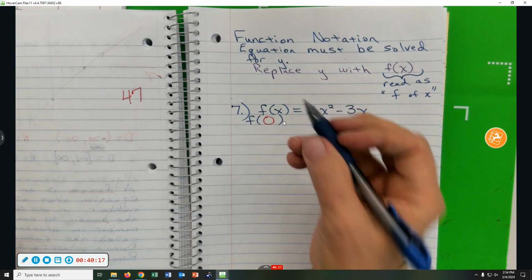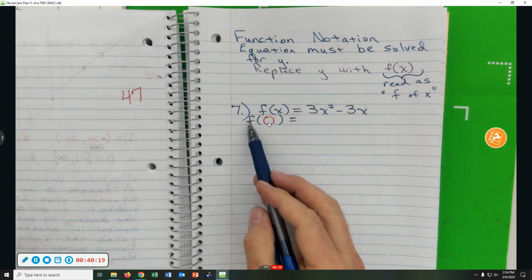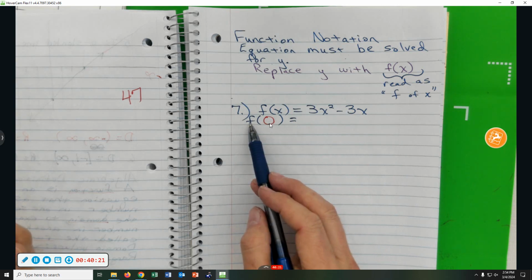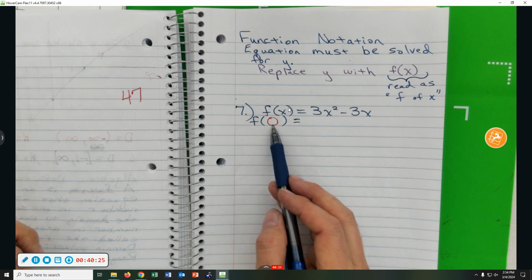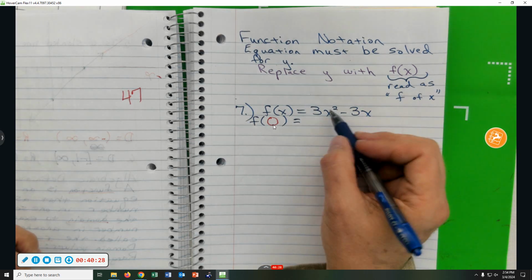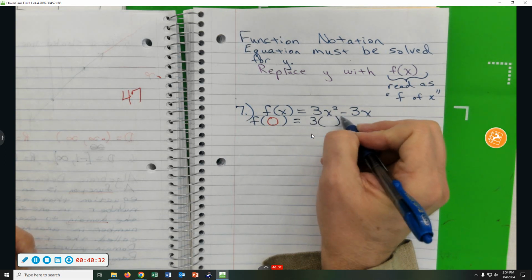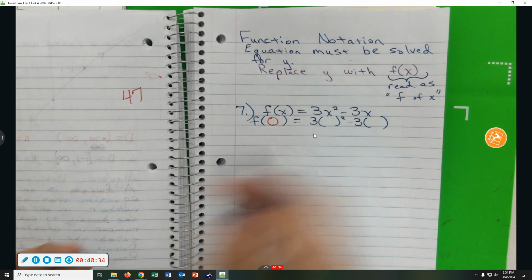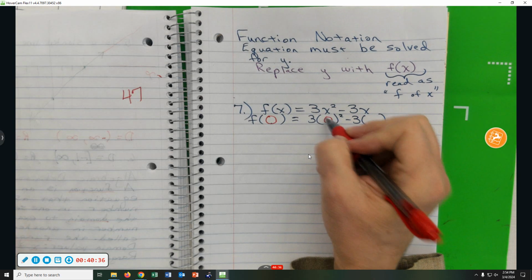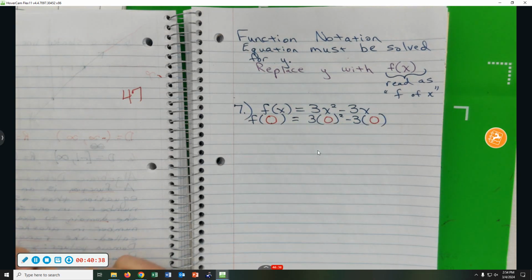This notation, they want us to find f of 0. That says go to the function f, and wherever you see a variable, replace it with what's in the parentheses. So everywhere you see a variable here, we're going to replace it with 0. Well, we call it your order of operations.